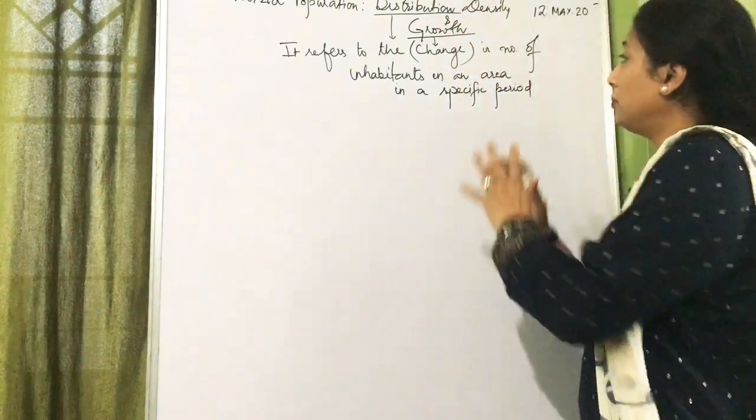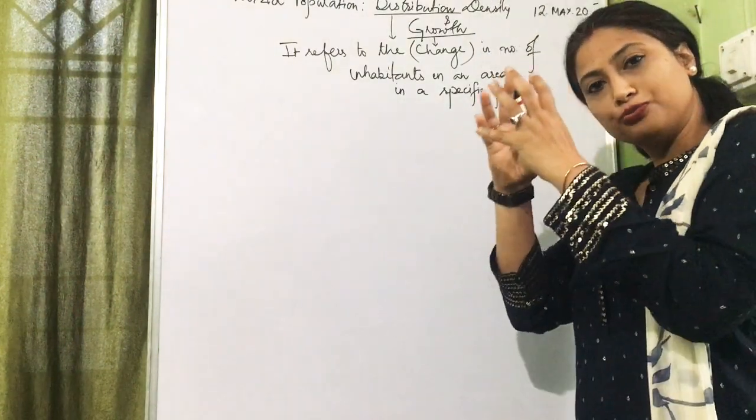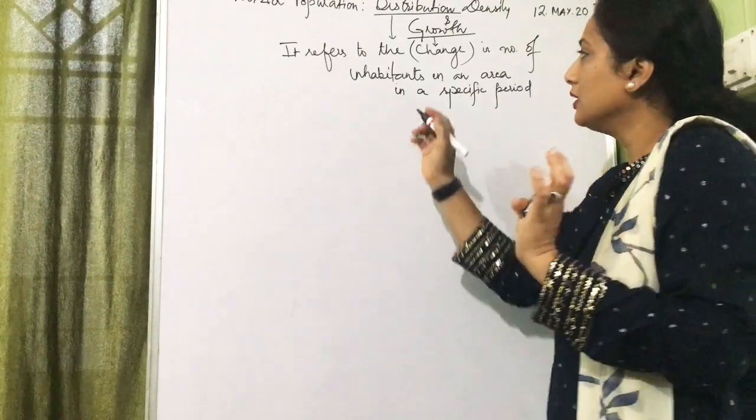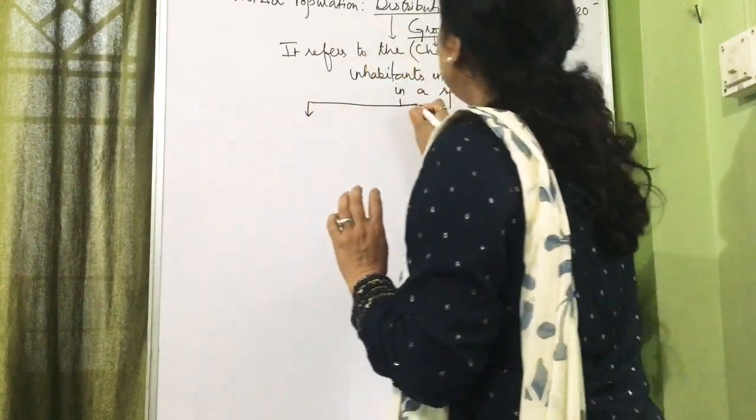It means population growth refers to the change in the number of people between two time periods. It is measured in two ways.